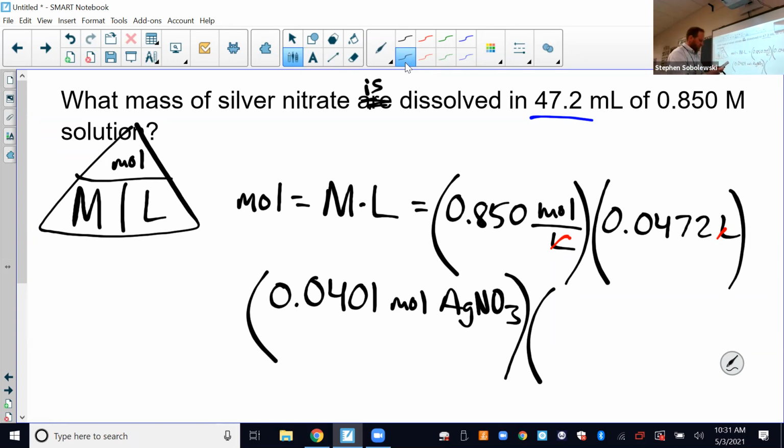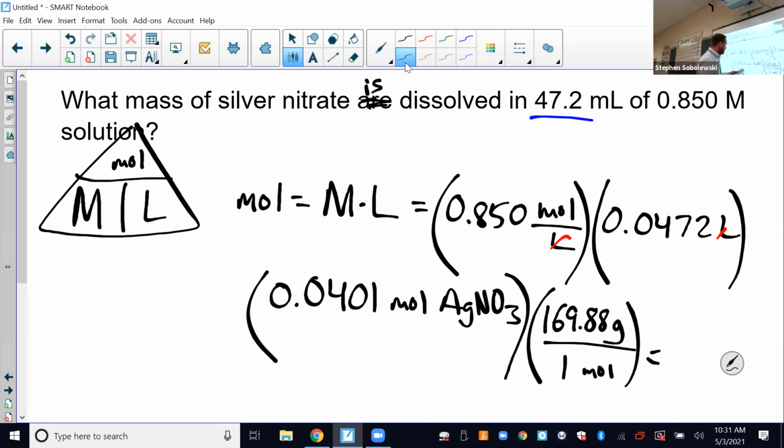N, one of those, 14.01, plus 3 O's, 16 times 3 is 48. That's 169.88 grams per mole. So that goes on top. 169.88 grams over 1 mole. Multiply these together. And with 3 sig figs, I get 6.81 grams.